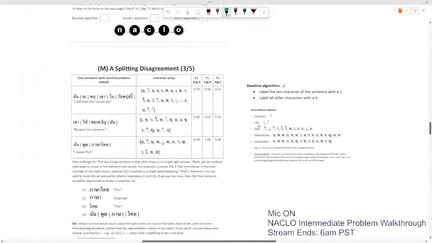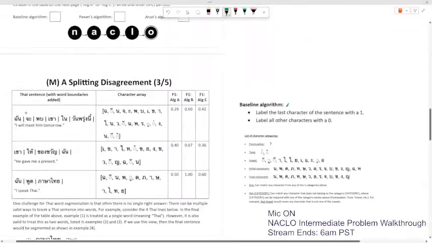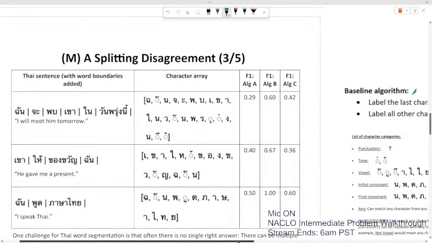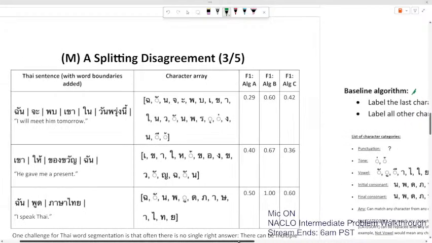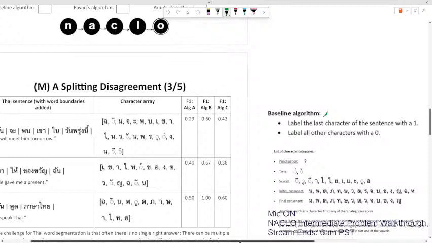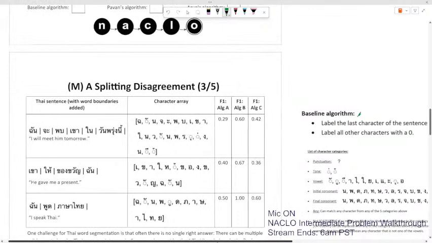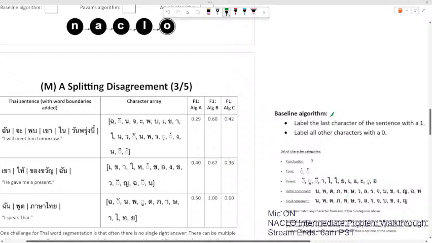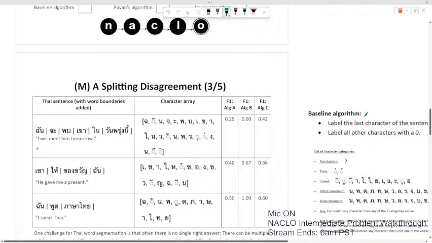That's a vowel, right? So we're going to have this initial consonant, and the initial consonant of this one plus 1 vowel to be 0, 0, 0.